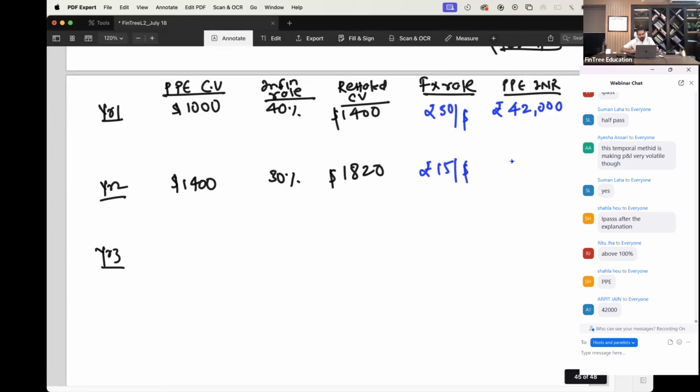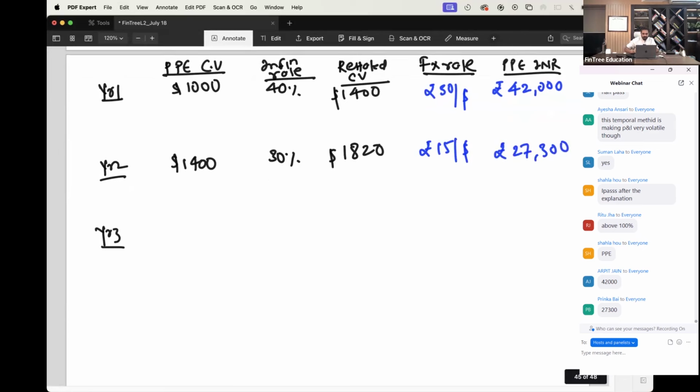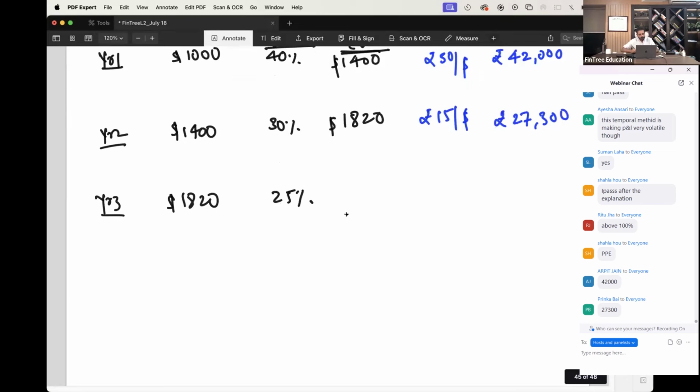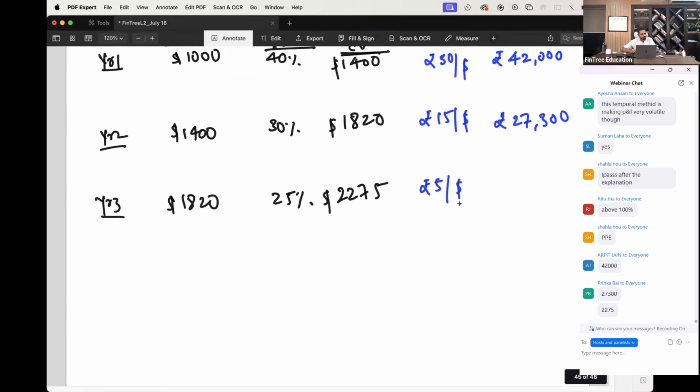So now in rupee terms, that plant will be 27,300. Now next year in dollar terms, this is 1820. Let's take 25% inflation. So let's restate the value, 1820 into 1.25. So in dollar terms, that asset has become 2275. But now the exchange rate has become, I'm just making up something random, rupees 5 for a dollar. So it will be how much?